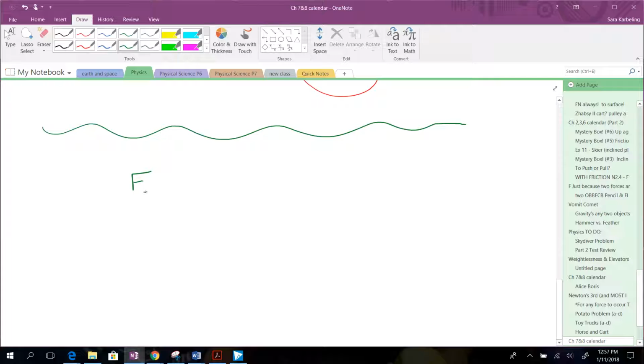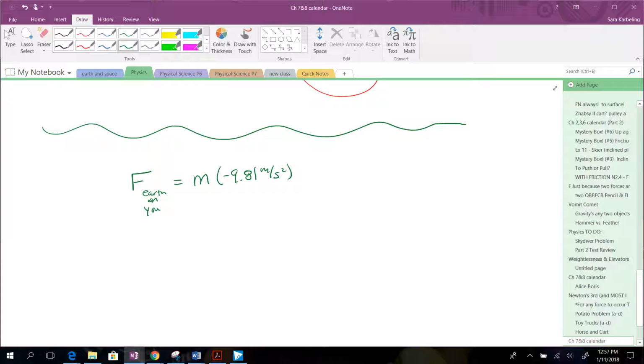F of the Earth on you is going to be the mass times negative 9.81 meters per second squared. Let's pick a smallish mass. Let's do the frog, because we were talking frogs before.